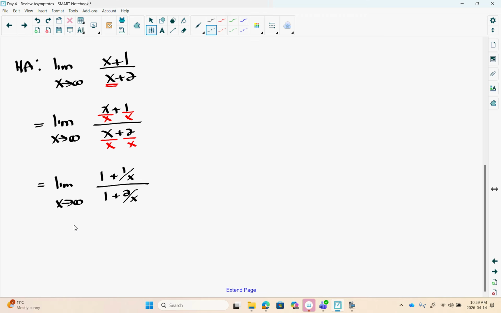Before I go any further, I should remind you that initially I should have tried direct substitution. If x is getting bigger and I add 1, the numerator is just going to get bigger, and getting bigger means it's going to positive infinity. X plus 2: if x is getting bigger and I add 2, the denominator is blowing up as well.